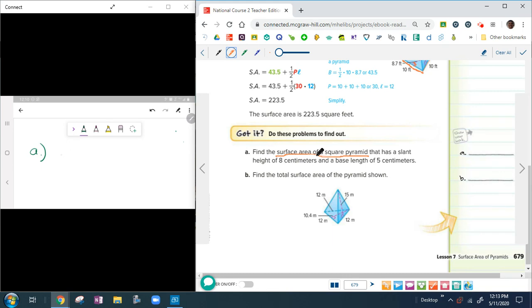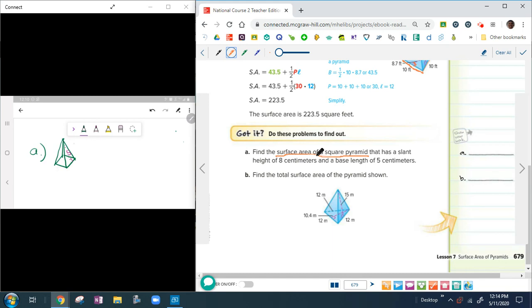Now, if you like drawing, you could draw yourself a square kind of slanted, and you can draw in the other parts of it. We know that the slant height is going to be 5, and the sides of the base, since it's a square, let's see.